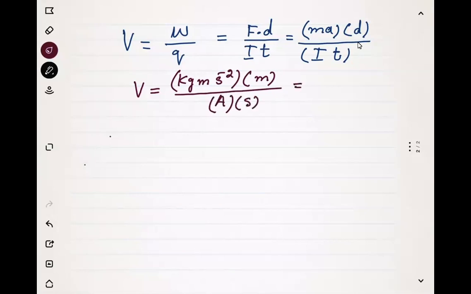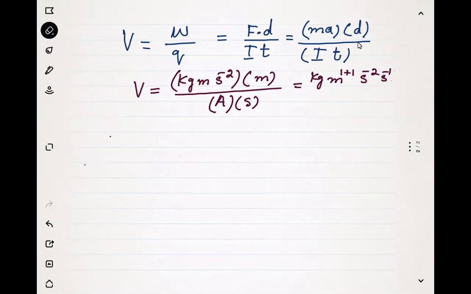So finally this would become kilogram meter square. It would become kilogram, then we have meter power 1 plus 1, second power minus 2, second power minus 1, and ampere power minus 1.